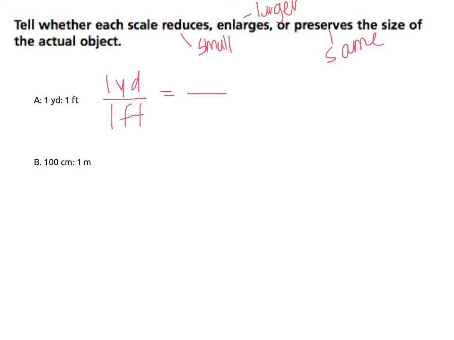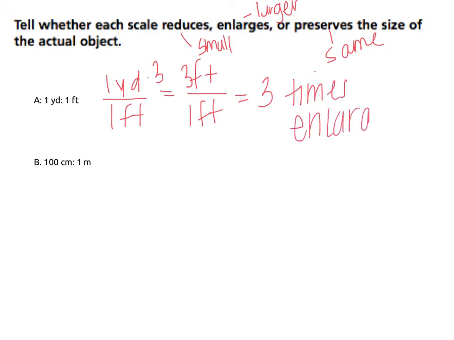There are 3 feet in 1 yard, so we can multiply this by 3 to change this to 3 feet over 1 foot. And since this would equal 3, because 3 divided by 1 is 3, this means it's 3 times as big. So it enlarges the object.